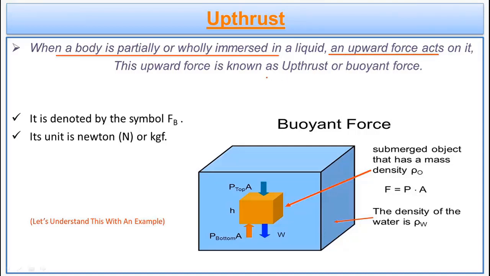This upward force is called upthrust or buoyant force. It is denoted as Fb, and as it is a kind of force, its unit is also Newton or kgf.